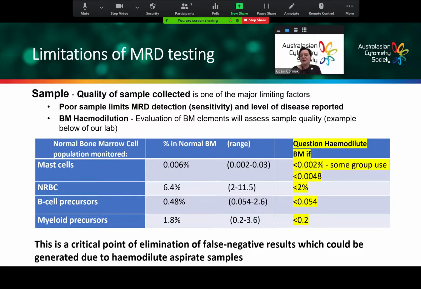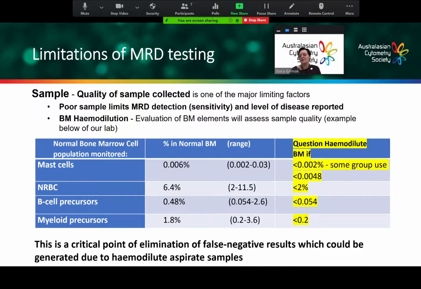So of course the major problem is that there can be bone marrow hemodilution because of the collection technique, and it's advisable that the lab can detect the bone marrow elements in their panels. This is an example of how we do it for multiple myeloma panel testing.